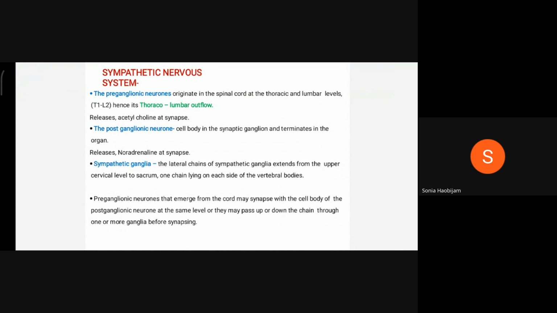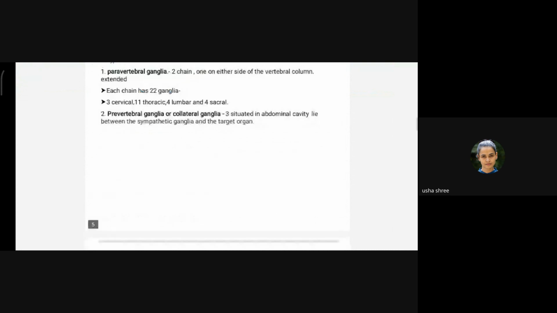But in the parasympathetic nervous system, preganglionic neurons originate from which region? Craniosacral outflow. Yes. So get the concept.